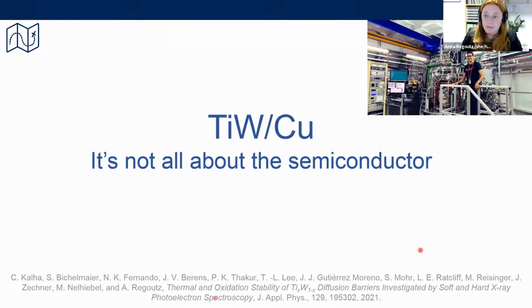The second example is now Olaf Kern's work, who you've already seen in his heroic picture next to the end station at beamline I09. This work is not on the semiconductors, not the dielectrics, but it's all about the metallization. In this case, we were looking at a modern type of metallization, the so-called titungsten, so the titanium tungsten copper system.